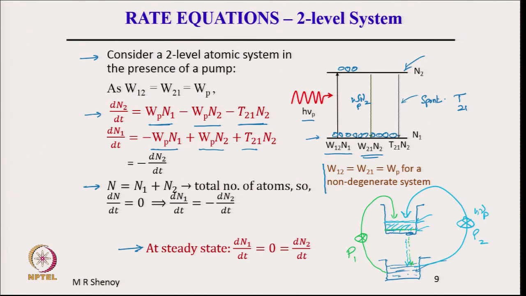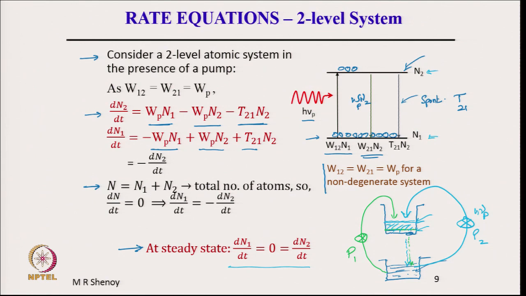The same thing happens here. Because of thermal equilibrium we had a certain distribution of atoms N2 and N1, but because of the presence of an additional radiation of energy h nu p, the numbers will change. But there will be a steady state, and at steady state dn2/dt, the rate of change of the numbers in the levels, will be equal to 0.